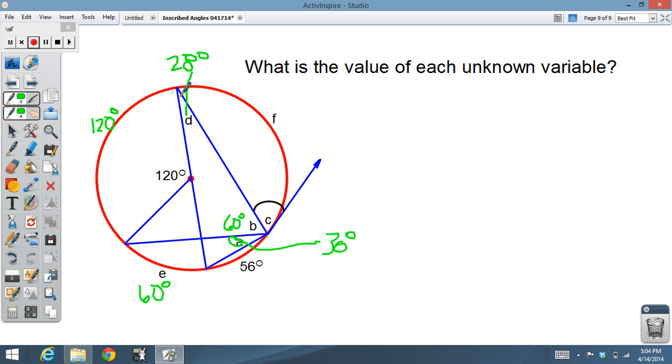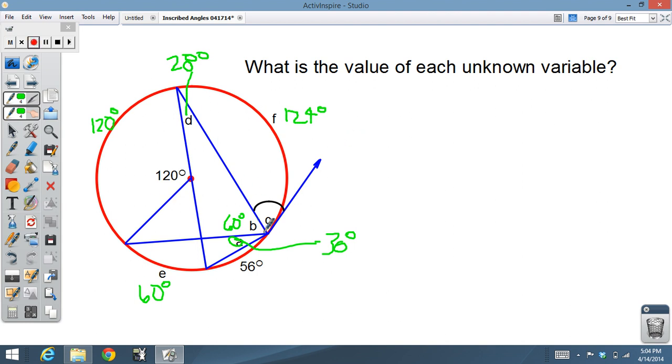F, I know, has to be whatever makes up the total 360 in the circle. Well, minus this 120 and 60 over here, that's 180. Well, the other 180 is F plus 56. So if I take 180 minus 56, I know that F must be 124 because, again, F plus 56 plus 180 have to add up to 360 all the way around the circle.